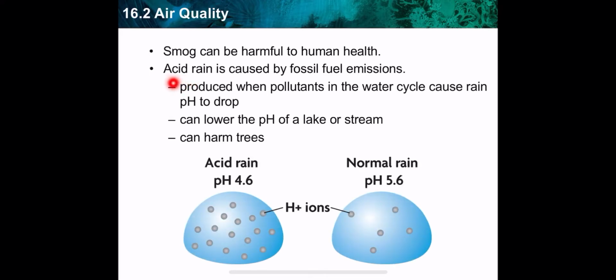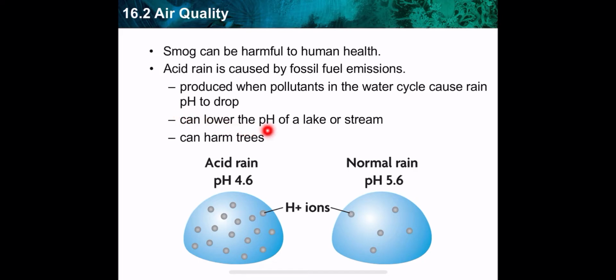The second type of pollution is acid rain, and acid rain is also caused by fossil fuel emissions. Acid rain is produced when the pollutants in the water cycle cause rain pH to drop. The rain interacts with some compounds that are released during the combustion of fossil fuel to form acids.